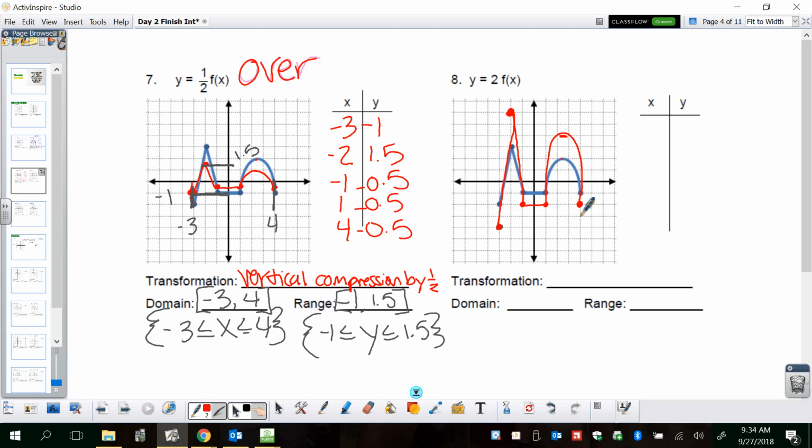Did it vertically expand? Yeah. Did our domain change? No. Did our range change?